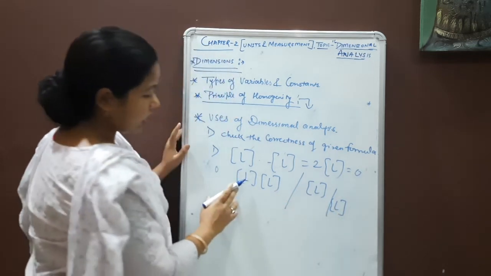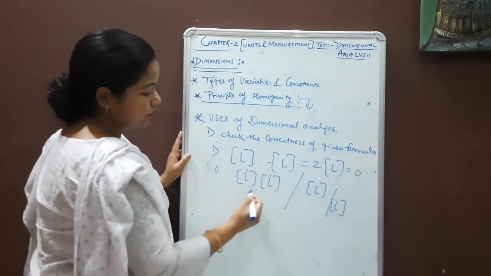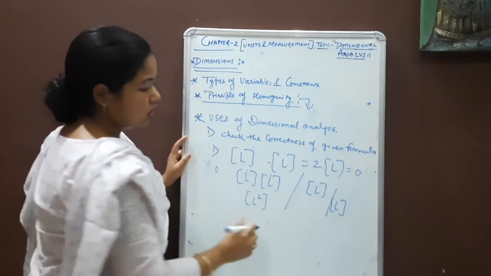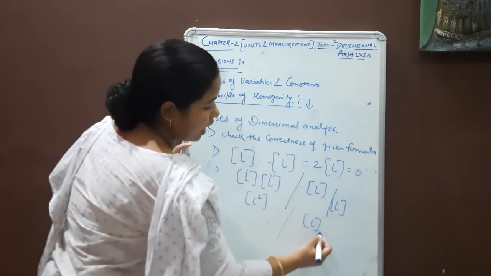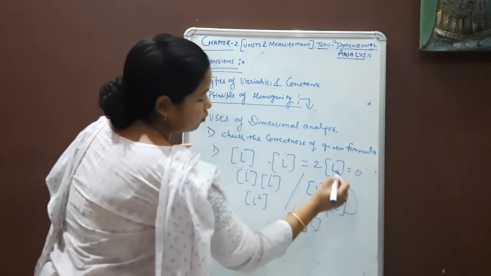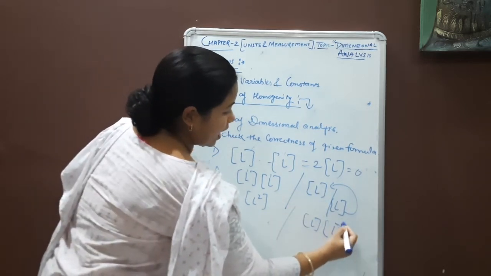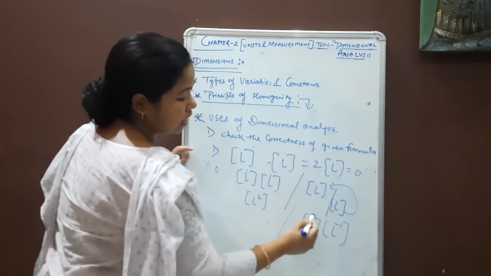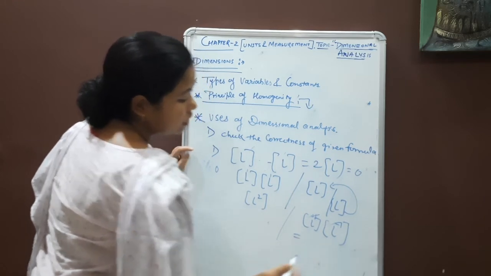If we have these 2 quantities in multiplication, we can add the powers because the base is the same, so we can write L power 2. Or whenever we are dividing, we have L power 1, and when it moves to the numerator, it will be L minus 1. So this has plus 1 power and this has minus 1 power, so both cancel, and L power 0 is 1.